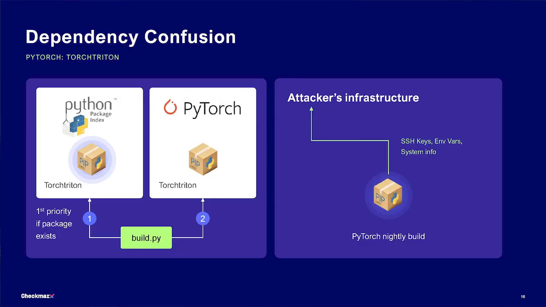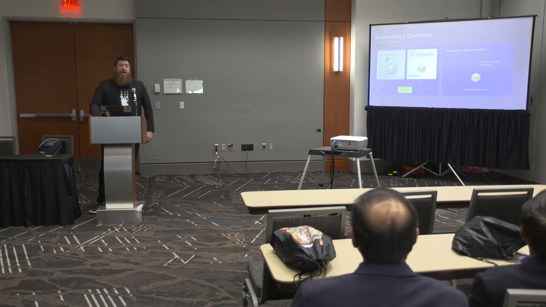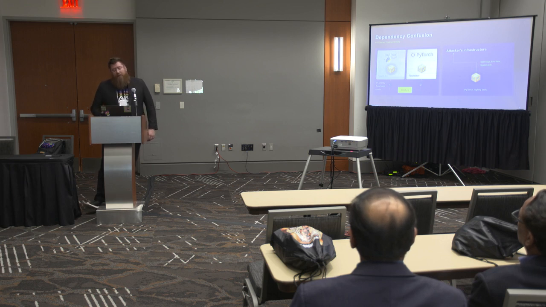So that happened with PyTorch. Back in 2022, you have this package called Torchtriton that was in PyTorch's local repository. But someone outside of a threat actor actually created it in PyPI, the same package with a higher version number. It took priority over Torchtriton from PyTorch.